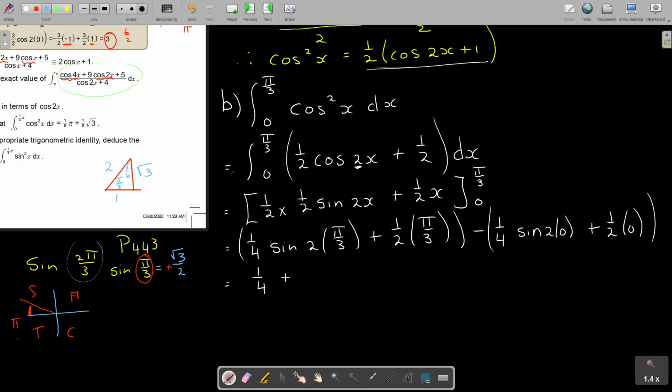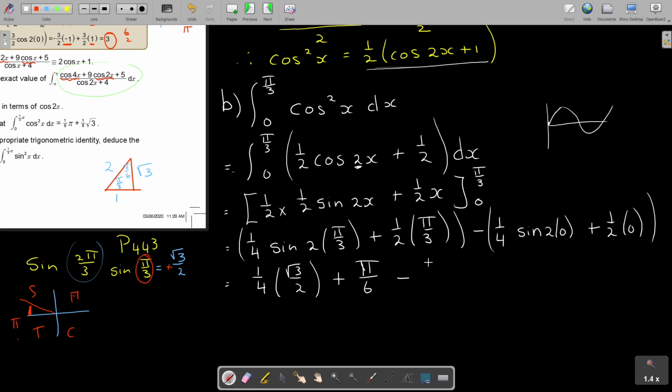Okay, but now I'm just going to fill it in, go back, and I'm filling in. So it's going to be square root 3 over 2 plus pi over 6 minus. Now, I have so many graphs, but sin 0, you already know that. What is sin 0? It's starting there, okay?